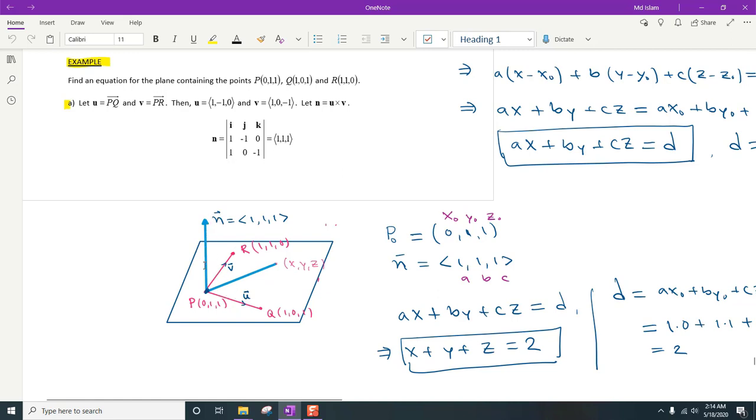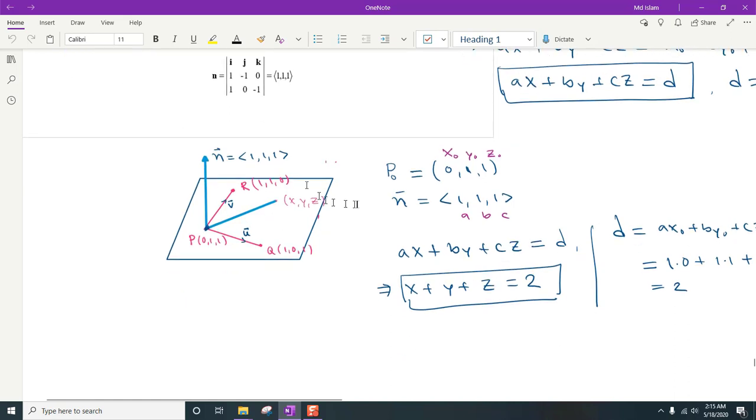So this n is perpendicular to the plane, and we got (1, 1, 1). Now consider the fixed point P0 as (0, 1, 1). So x0, y0, z0 is 0, 1, 1 and n is 1, 1, 1. This is a, b, c.